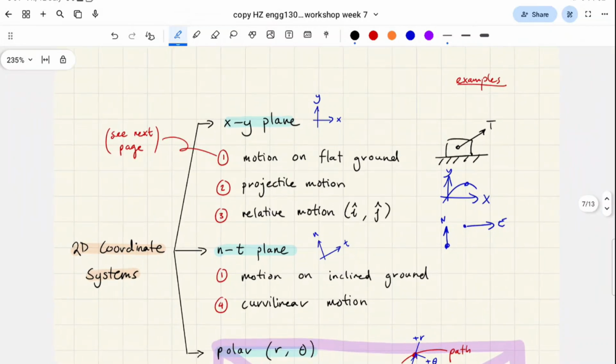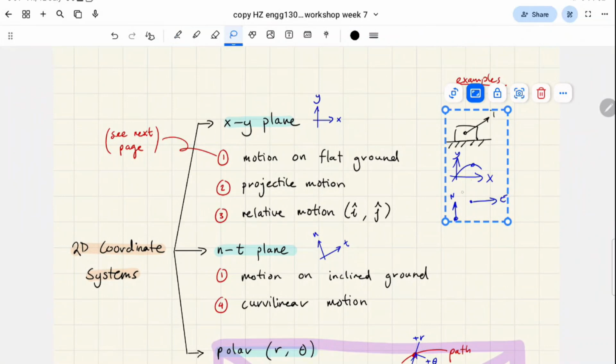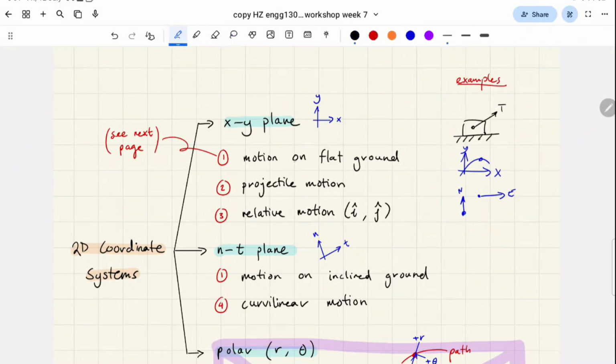And then the NT plane helps when you're solving questions to do with motion on inclined ground, which looks like this. Generally, it helps to solve everything in terms of the normal tangential plane, because the first step in solving these kinds of questions, which we'll get into in more detail next week, is the direction of the weight, mg, which is pointing towards the earth.